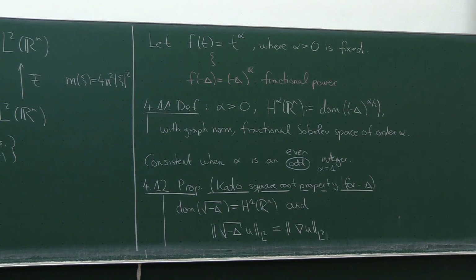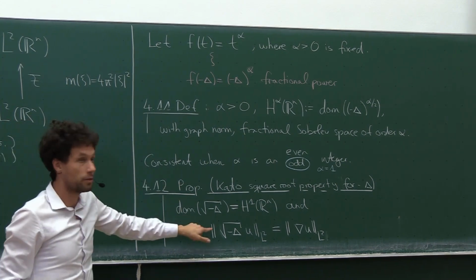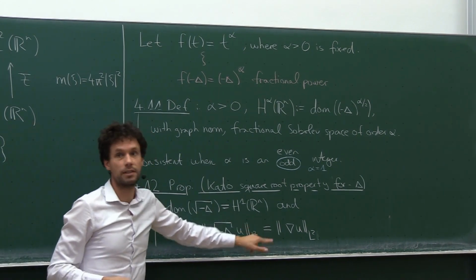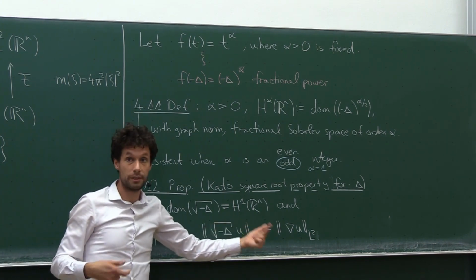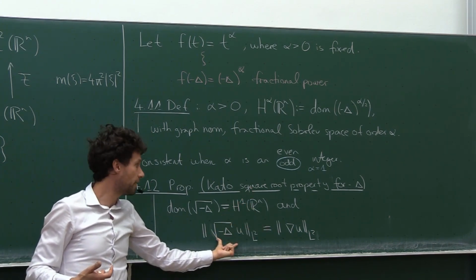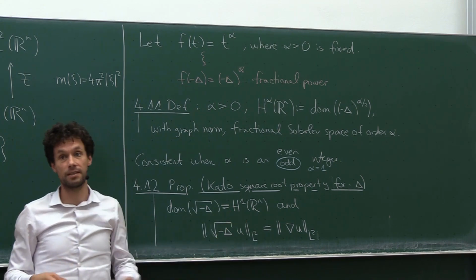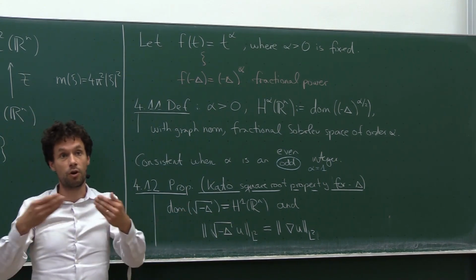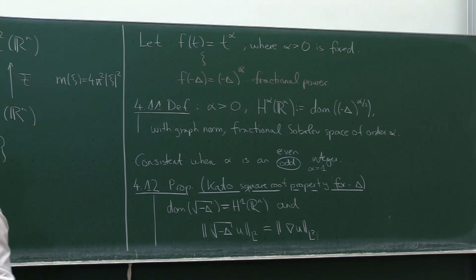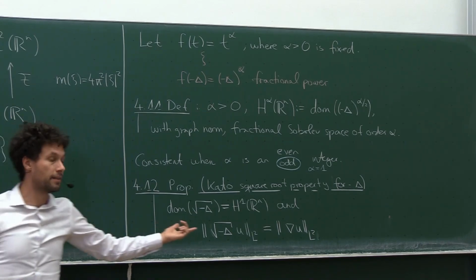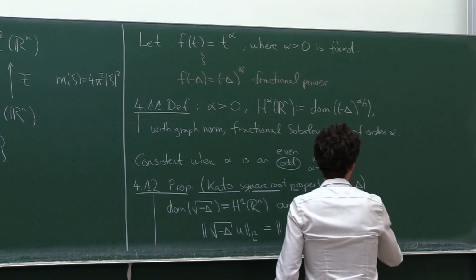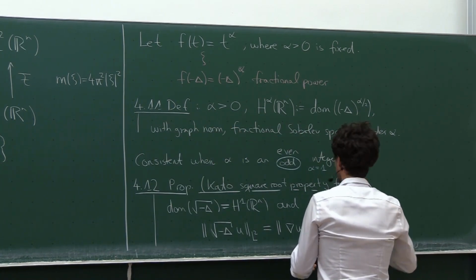When you take the absolute value of the symbol of the gradient, it's also going to be 2 pi times the absolute value of xi. So you have this equality here. In fact, that it is equal is not so interesting. The fact that it's comparable is more interesting because it adds a little more value to the fact that these two spaces agree as Banach spaces. But not only do they agree as Banach spaces, but also the homogeneous parts of the graph norms, that is to say, not the L2 norm, they're also comparable. Okay? And this works for all u in H1 of Rn.